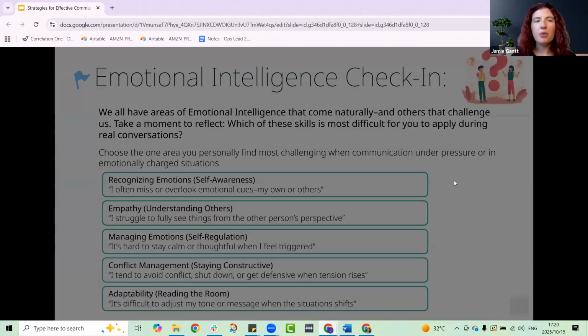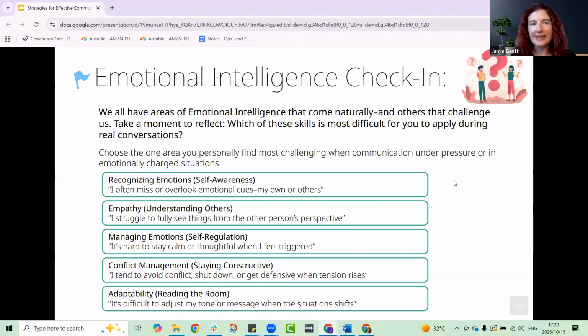All right. So emotional intelligence. Let's check in. So for a lot of us, this might come naturally. For others, it might be a little bit of a challenge. So tell me, which of these areas do you find most challenging when you are under pressure or in an emotionally charged situation, in a heightened emotion kind of situation?